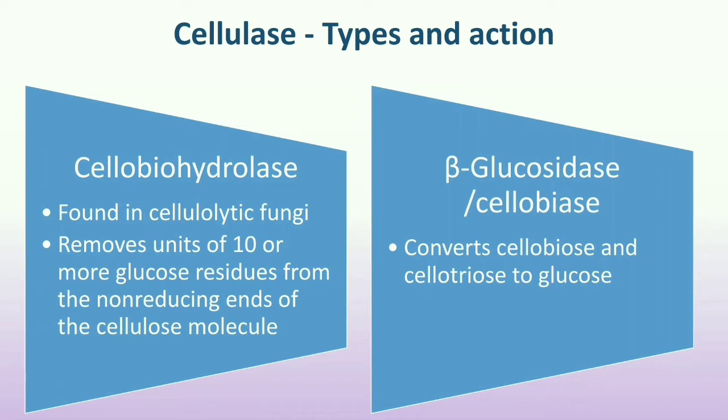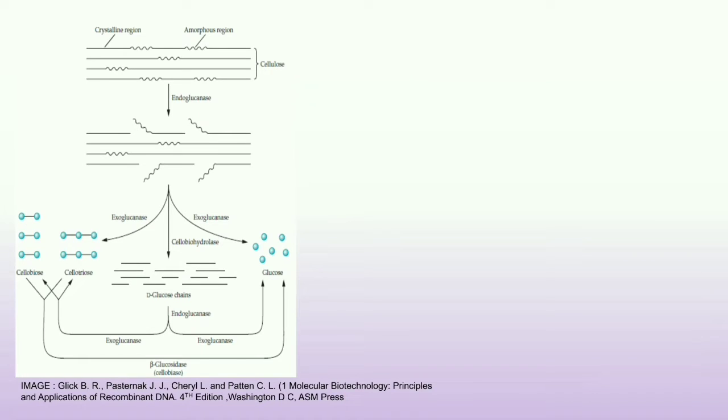into the monosaccharide unit glucose. Then we also studied the action with the help of this diagram. As you can see, the cellulose is composed of two regions, crystalline and amorphous. The endoglucanases act on the amorphous region, creating nicks.